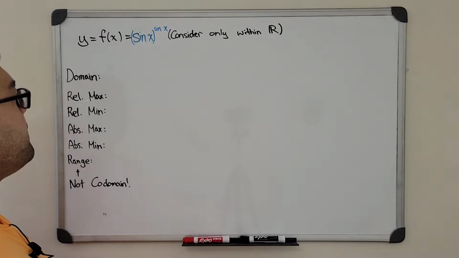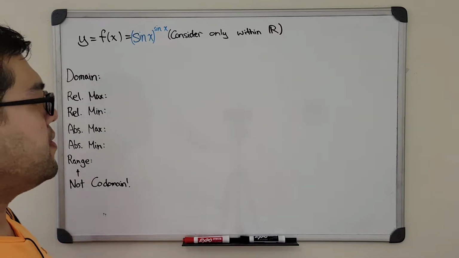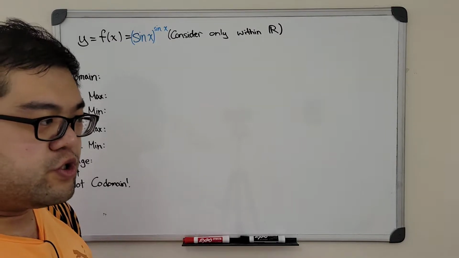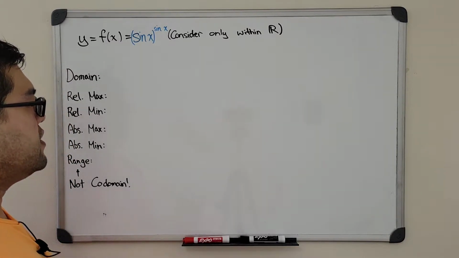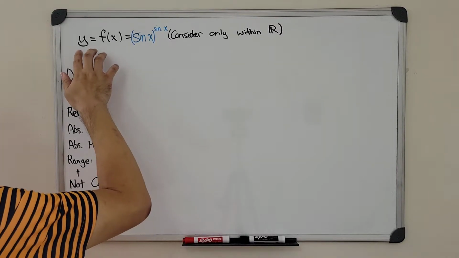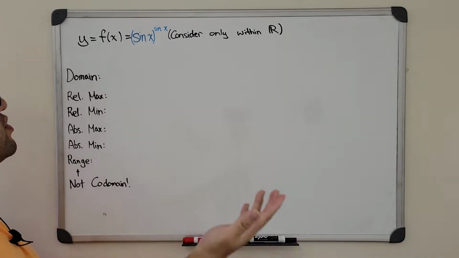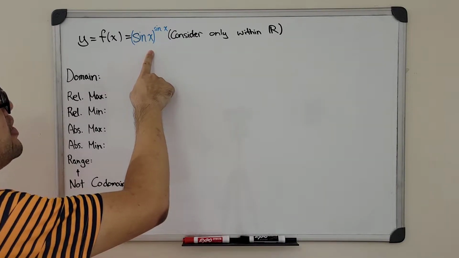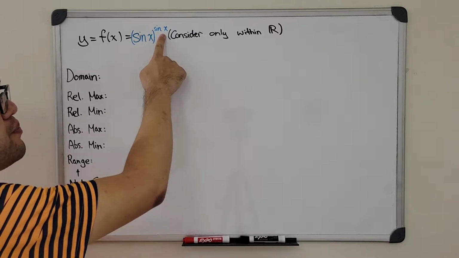So this problem that we have as the last problem of the series will be a mix of the two functions that we had in the last couple of videos, which says y is equal to, again, a function, we can call it f of x, which is defined as sine of x raised to the sine of x power.